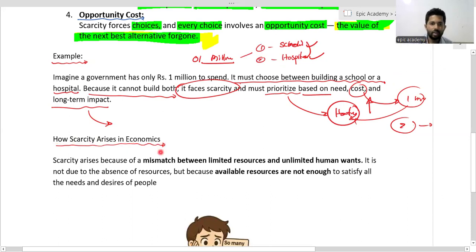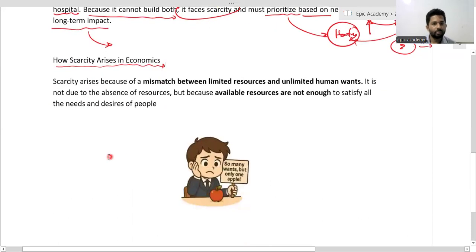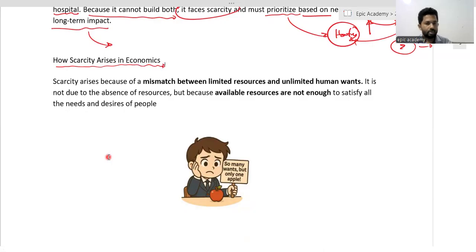So again, we need to identify how scarcity arises in economics. How does it arise? Scarcity arises because of a mismatch between limited resources and unlimited wants.